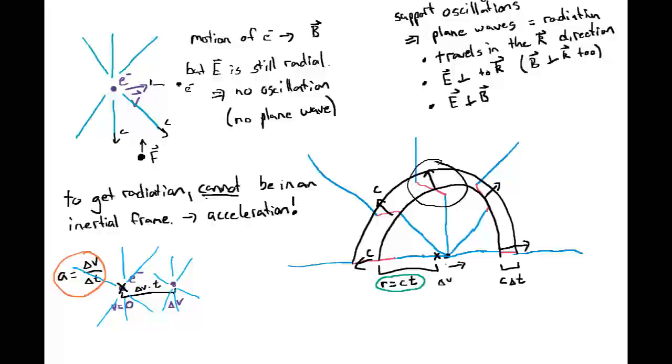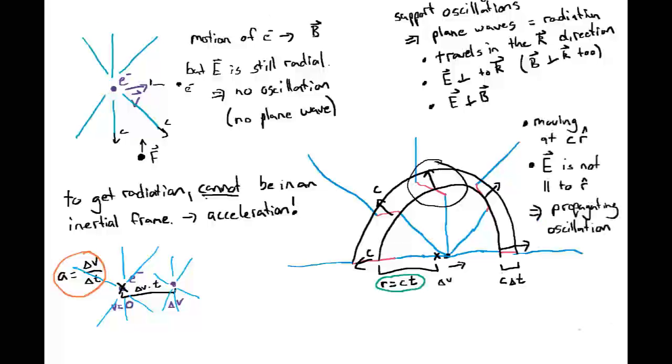Now the thickness of this shell here reflects the distance that light traveled over the course of the acceleration as it happened. So if the acceleration happened over a time interval delta t, then the width of this shell is c times delta t, because this is the only interval of time over which we were not in an inertial frame. So now let's look at this disturbance.